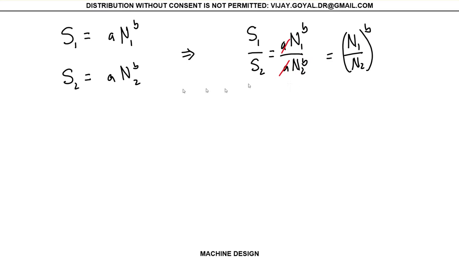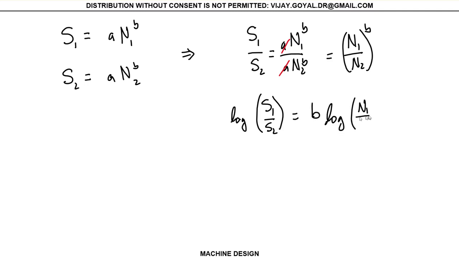So I can take log on both sides now. If I take log, log of S1 divided by S2 will equal B times log of N1 divided by N2.